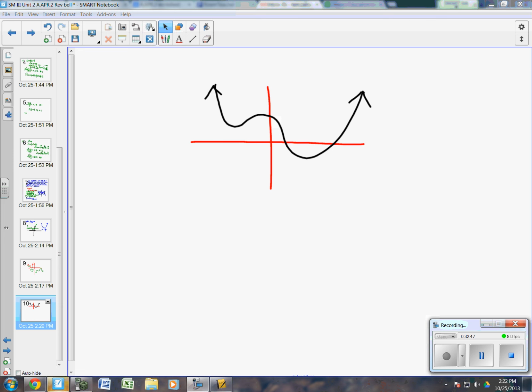Okay, come draw one. Okay, Kyson's going to draw one. Well, technically that's a degree 3, because it's an odd degree, right?